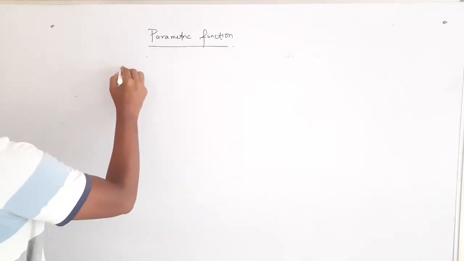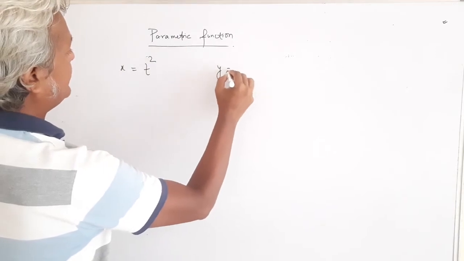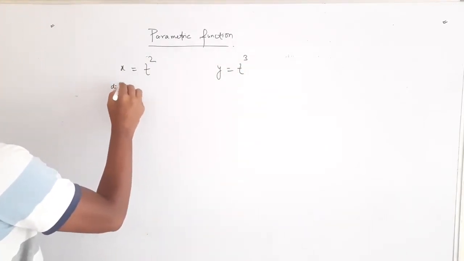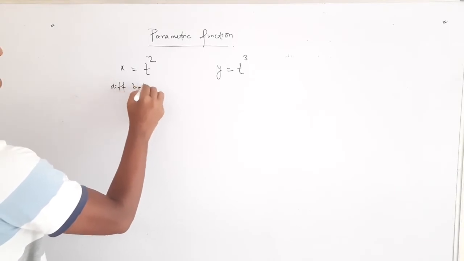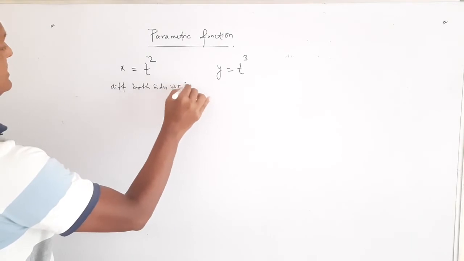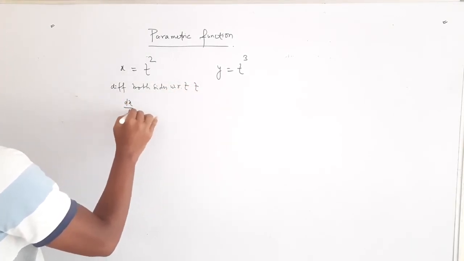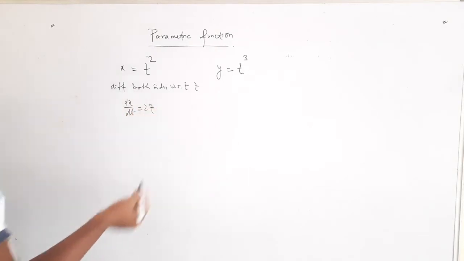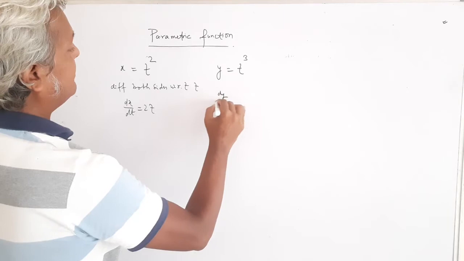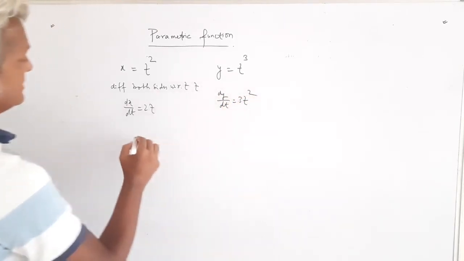So now I take one example, a very simple example. x is a t square and y is t cube. Then right here, differentiating both sides with respect to t, you know dx by dt is just 2t. Same thing if you do, then dy by dt is 3t square.